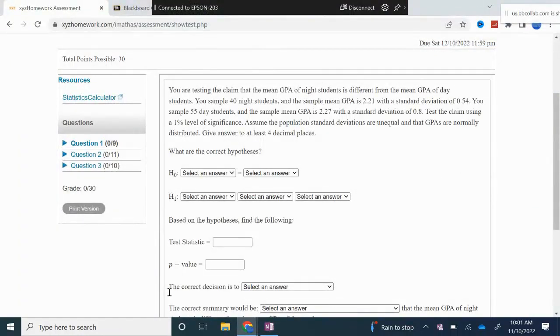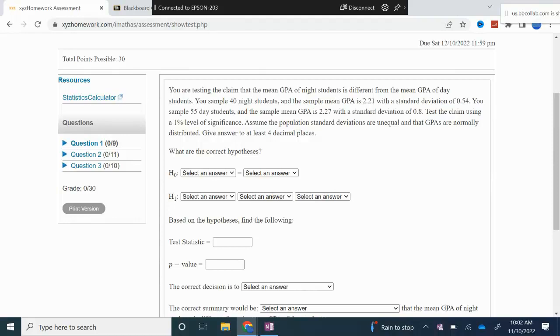All right, so it says you sample 40 night students, and I'm going to write this down because I'm going to transfer it back to OneNote. You sample 40 night students, so our sample size is 40. And a sample mean GPA of 2.21. So 2.21, that's going to be the mean for the night students.